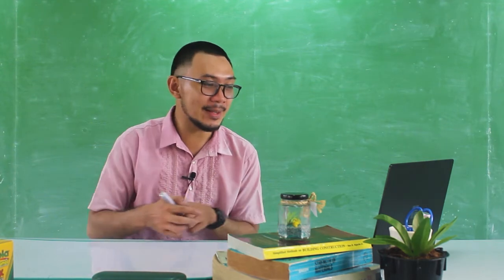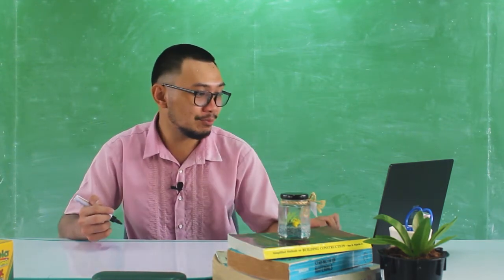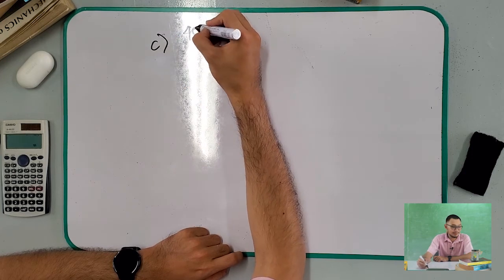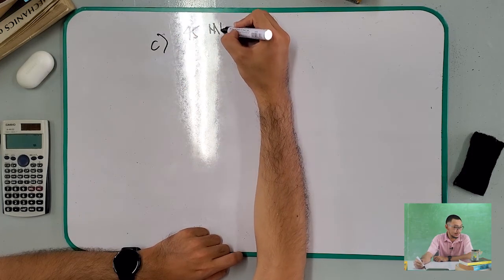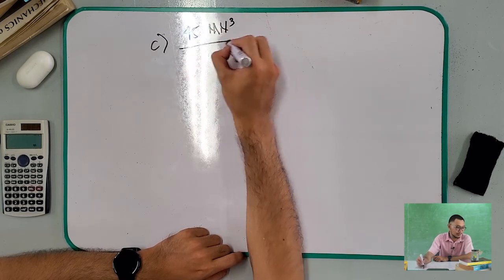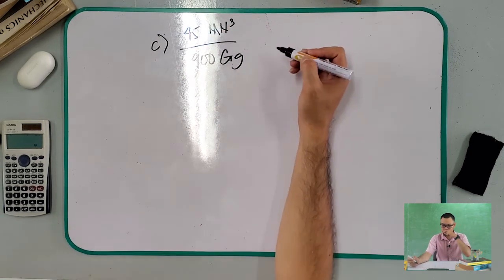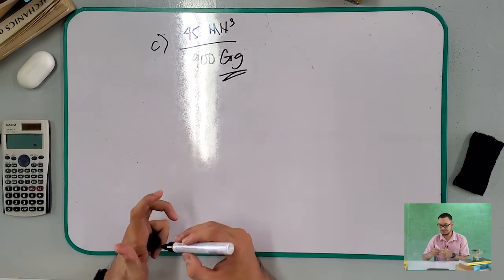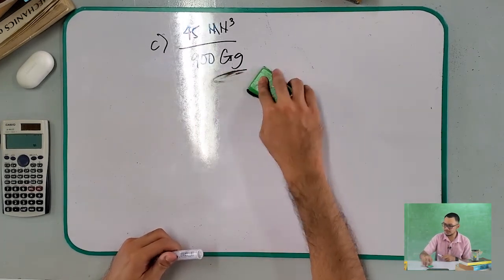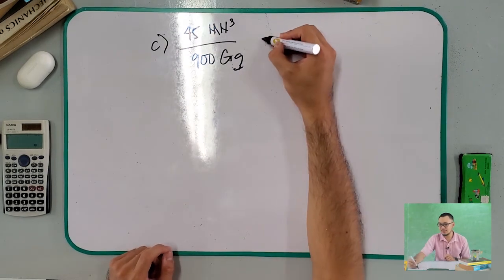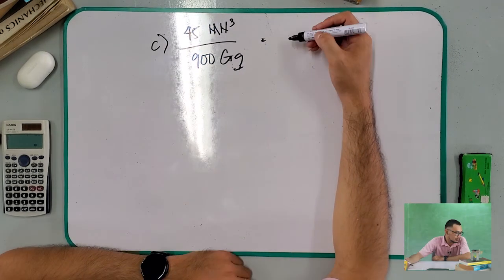So for our third part, C, 45 mega newton cube over, oh my gosh, 900 gigagram. Okay. So, what will we do first in simplifying? Okay.